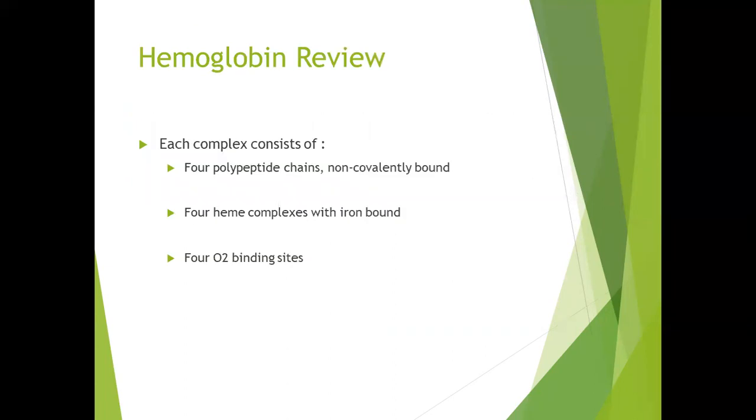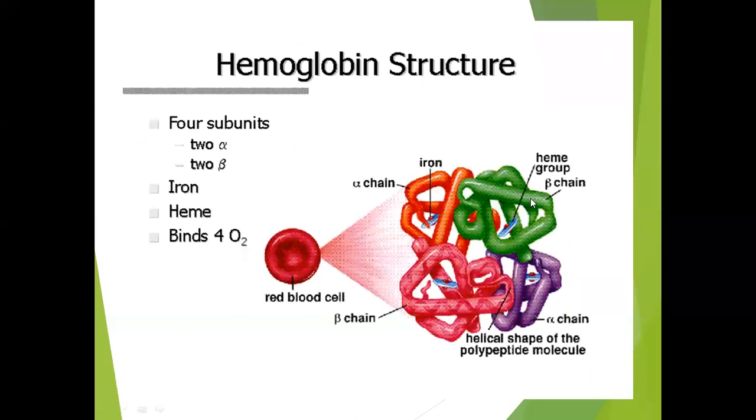We will just review the basic physiology. As you already know what hemoglobin is, we just quickly review the hemoglobin structure. Each complex consists of 4 polypeptide chains, which are non-covalently bound, 2 alpha and 2 beta, 4 heme complexes with iron bound, and 4 oxygen binding sites. This is the structure.